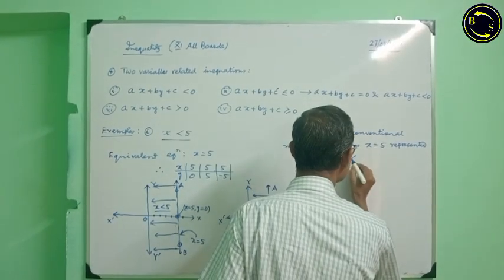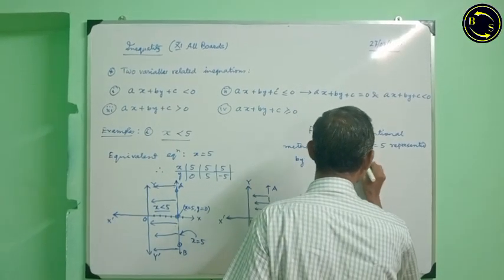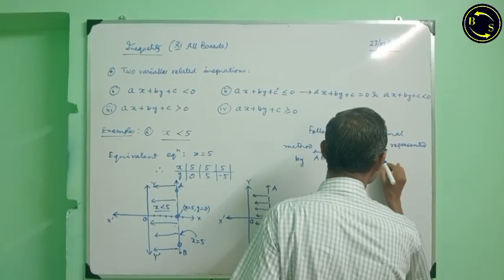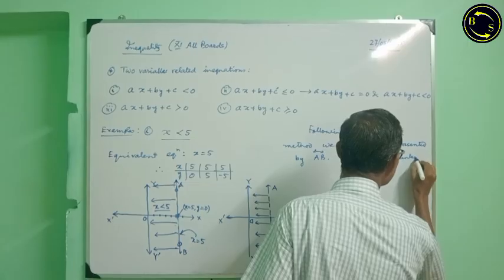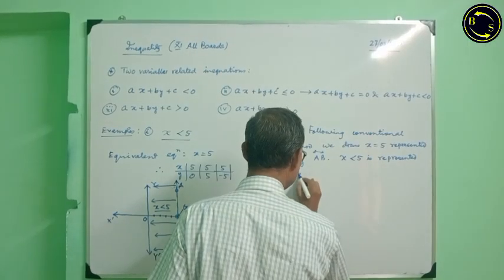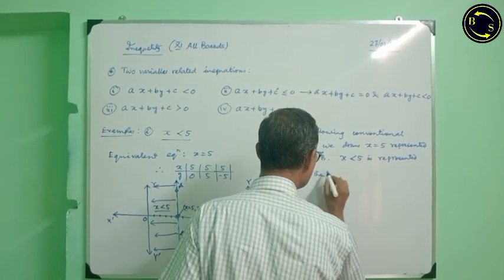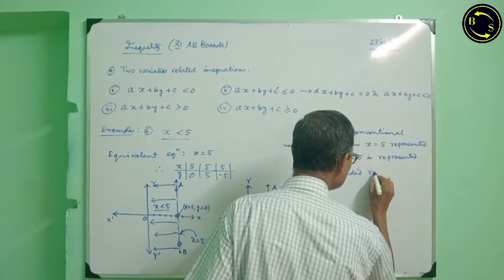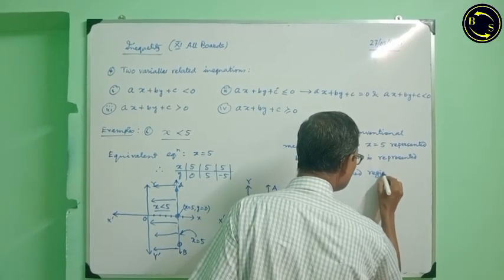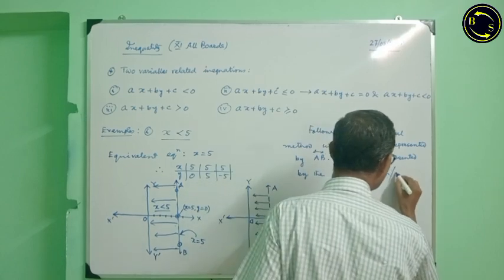X less than 5 is represented by the shaded region or marked region.